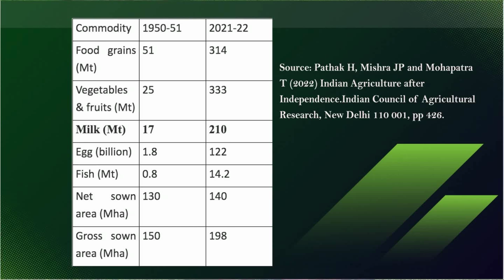As you can see in the figure, between 1950-51 and 2021-22, India's food grain production rose dramatically from 51 million tons to over 314 million tons. Similarly, the production of horticultural crops grew 11-fold, fish production increased 18 times, milk production surged 10 times, and egg production expanded by 53 times.